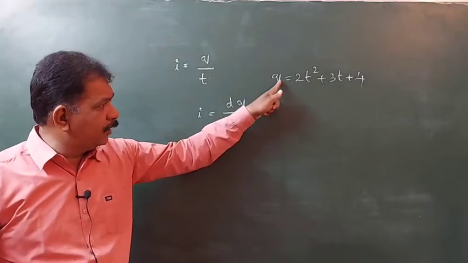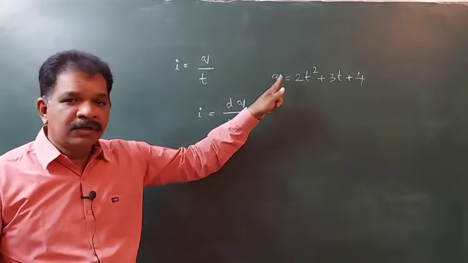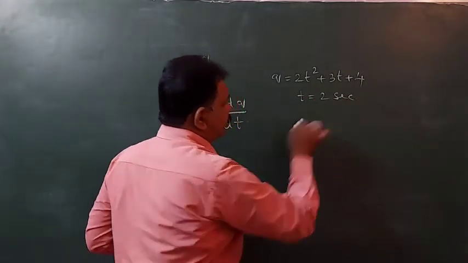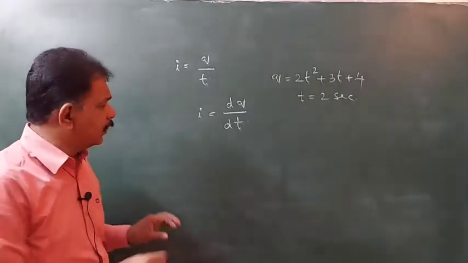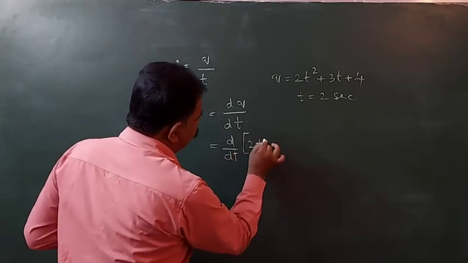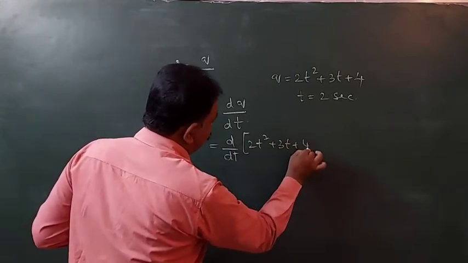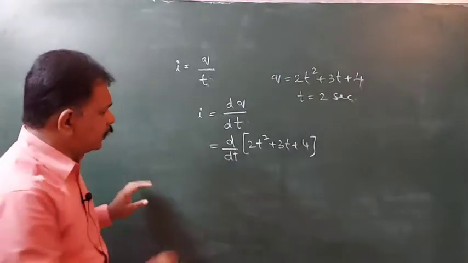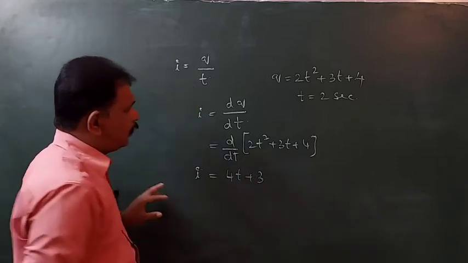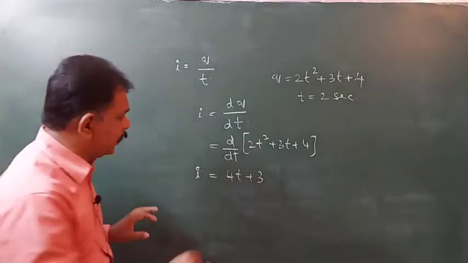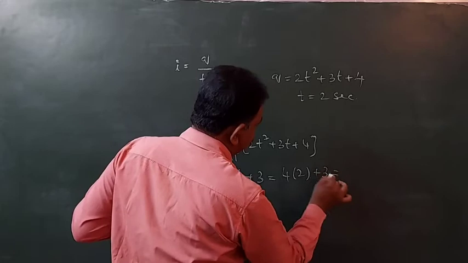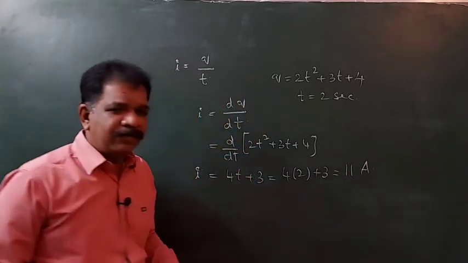So d by dt of 2t square plus 3t plus 4, if you differentiate, is 4t plus 3, and t is equal to 2 seconds is given. So 4 into 2 plus 3, 8 plus 3, 11 amperes.